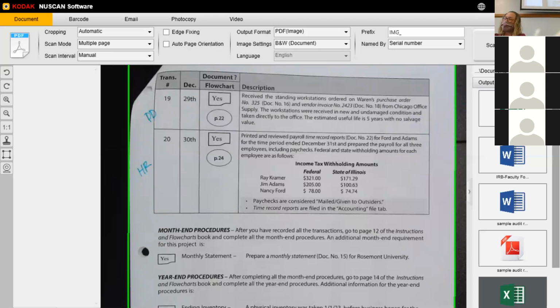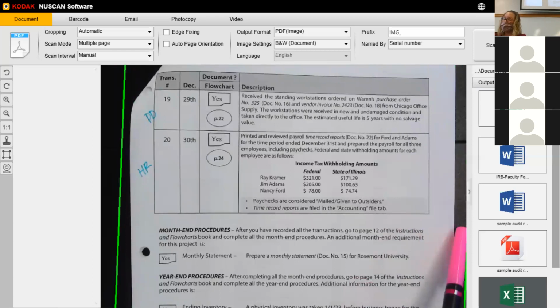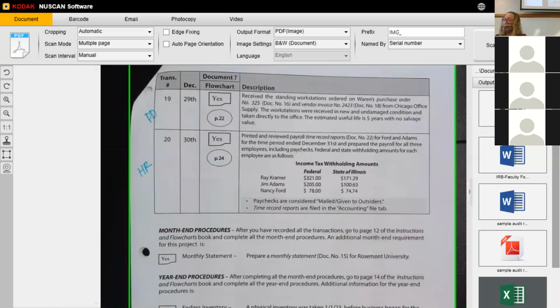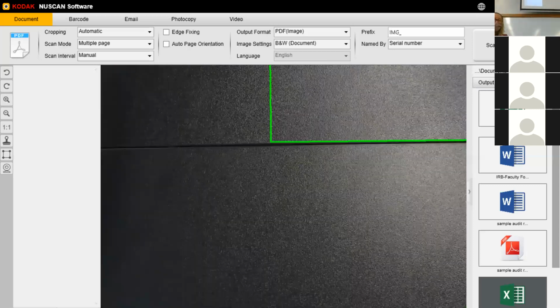And they provided us the federal and the state withholding amounts. So the helpful hints say the paychecks are considered mailed and given to outsiders, and the time record reports are filed in the accounting file tab. So the first step would be to calculate the payroll.